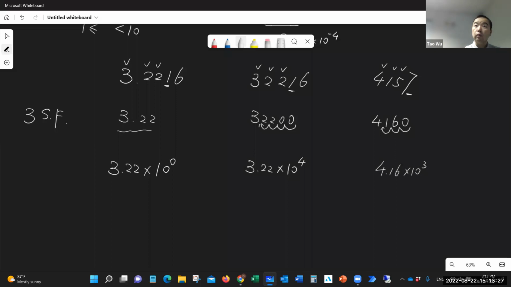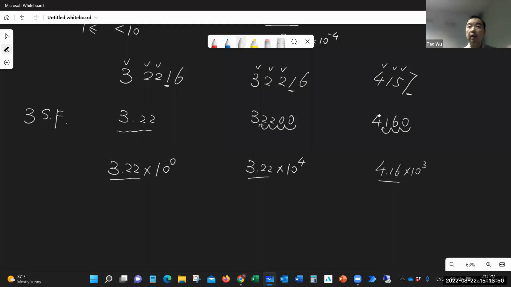And again, you're going to keep the same sig figs from the original. The original, this one is 3 sig figs, this is also 3 sig figs, and those are also 3 sig figs, right? So you write three sig figs for the number part, and write a different exponential.